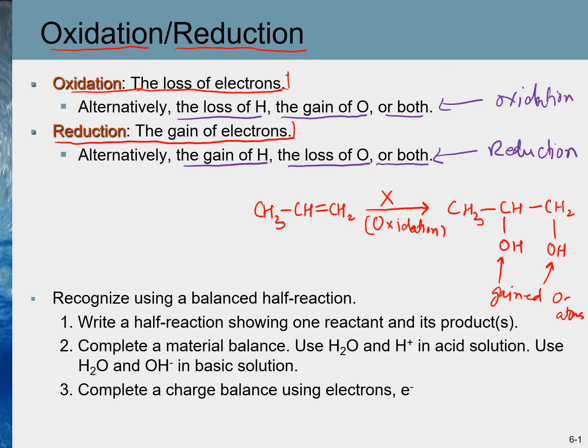Now similarly, let's imagine that we start with the same alkene, propene, and then some other mystery reagent Y. We will talk about these reagents in a few slides, but for now just imagine that the alkene reacts with a reagent Y, and the end product is an alkane.